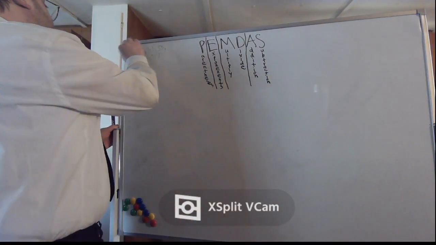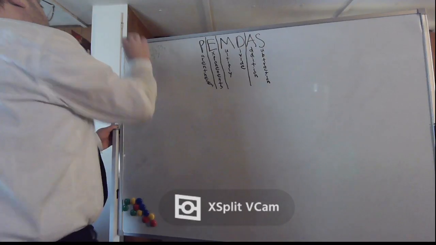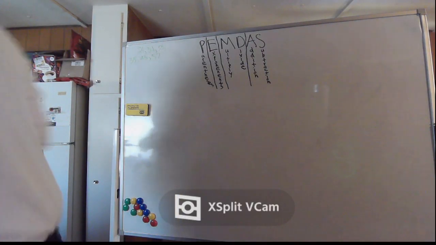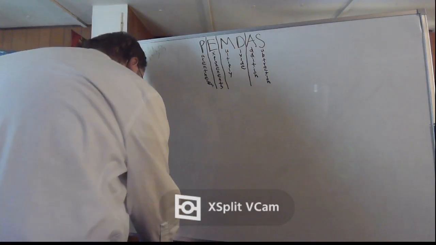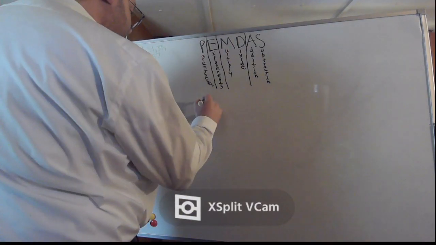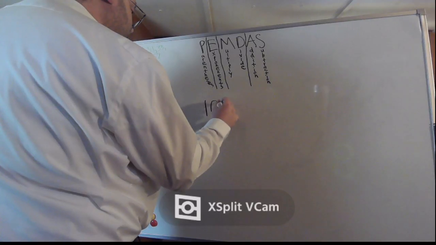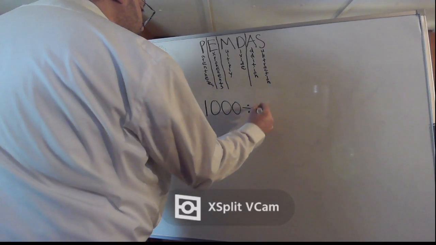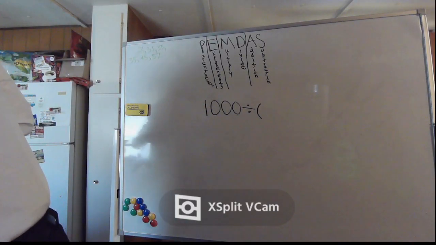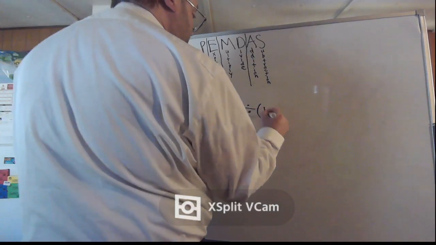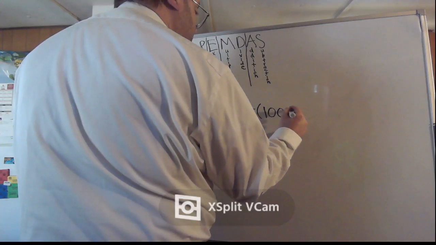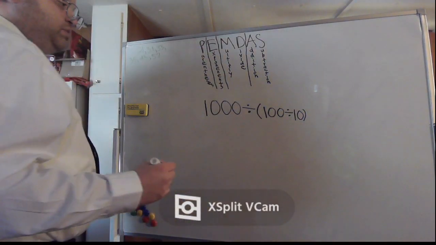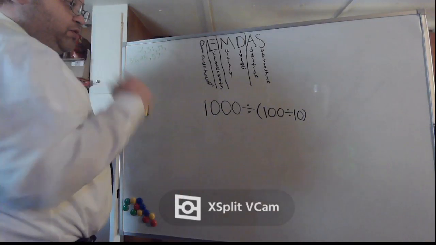Alright, so that one is solved. What's the next problem here? We have 1,000 divided by, in parentheses, 100 divided by 10. So again, we look at the rules of the order of operations.